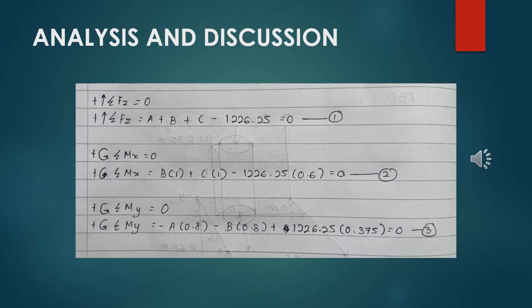Summation Fz equals 0 is the formula, and summation Fz is A plus B plus C minus 1226.25 Newton, and the negative 1226.25 Newton is multiplied with 9.81 gravity, and the weight is 125 kg. So we get 1226.25.